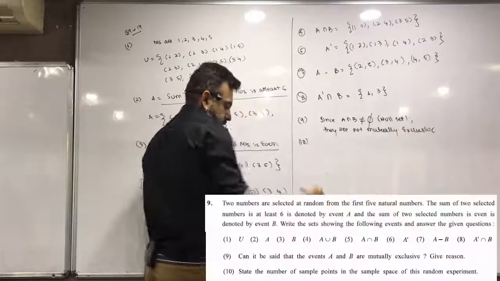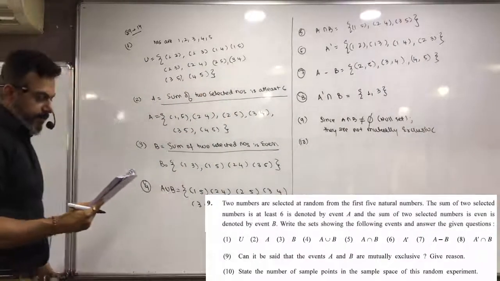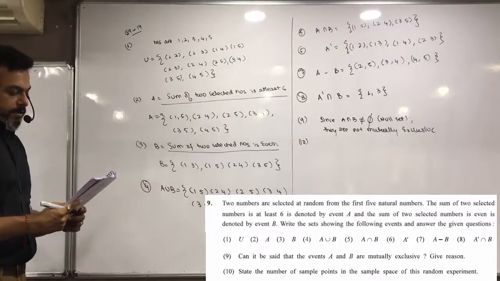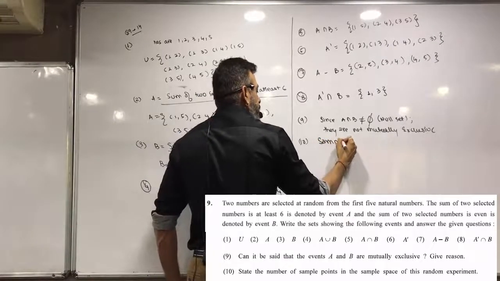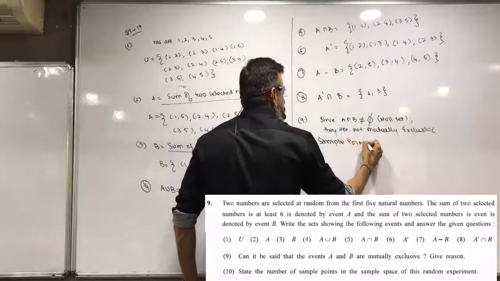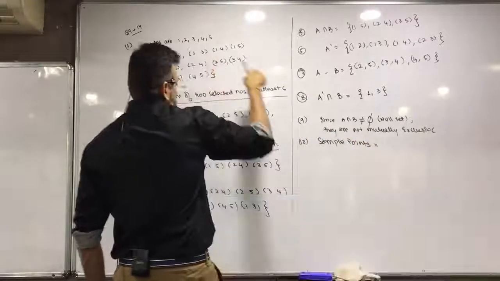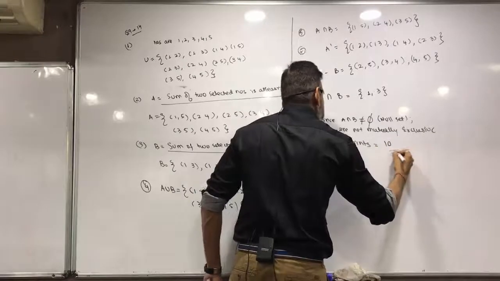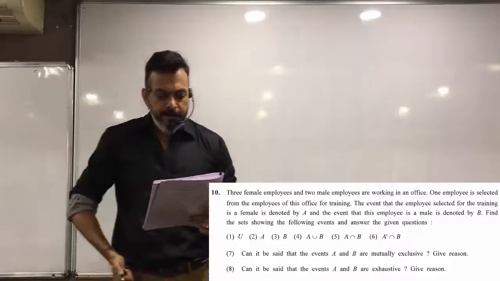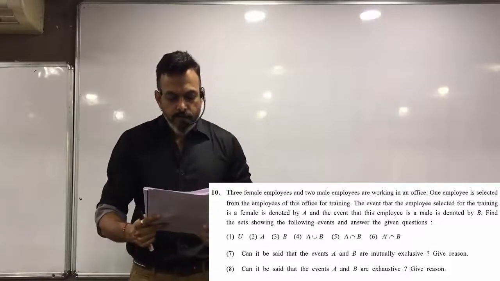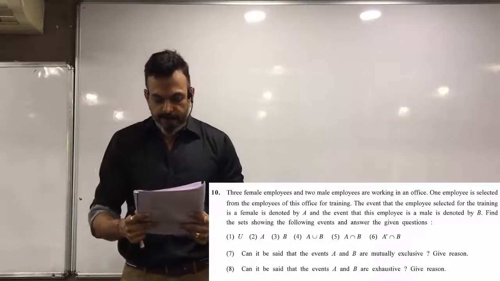10th, state the number of sample points in the sample space. Sample points and outcomes is equal to 10. 10th, 3 female employees and 2 male employees are working in an office.